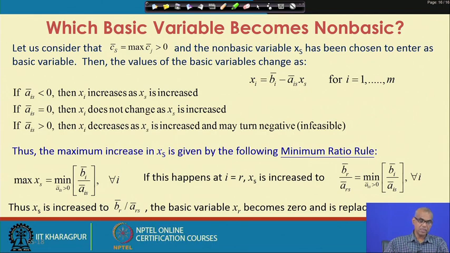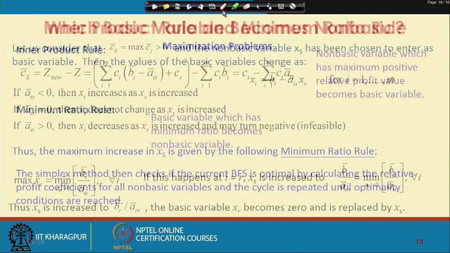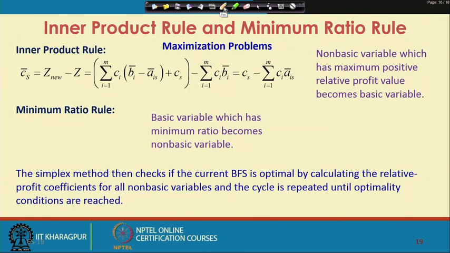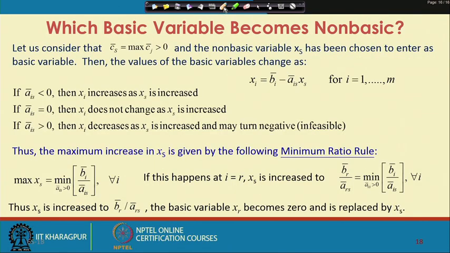So, maximum xs is minimum of all ratios which are bi bar by ais bar. Note that xi equal to bi bar minus ais bar xs.